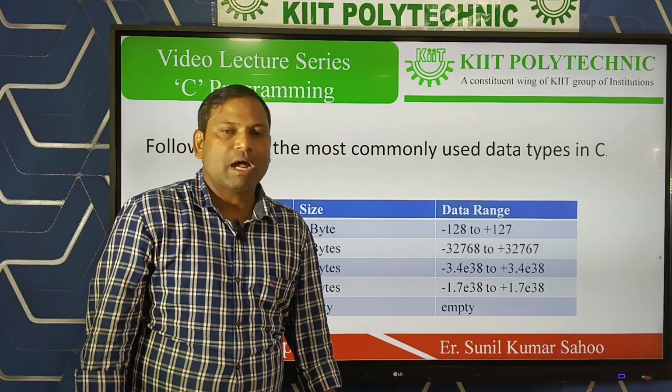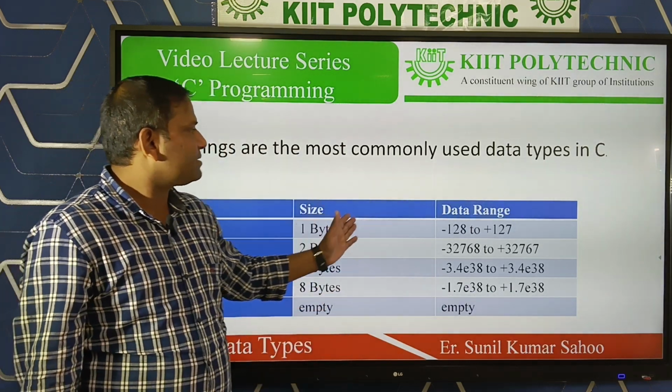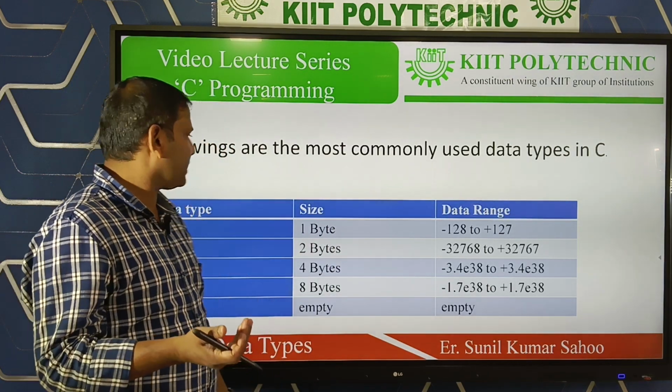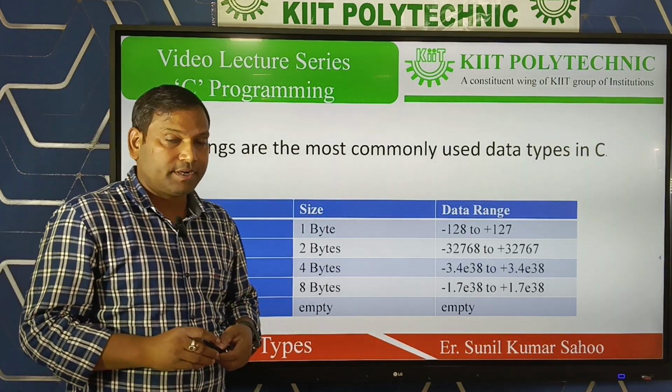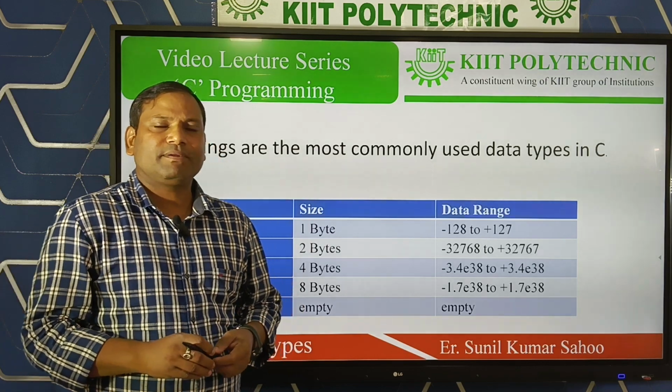Now, I'll discuss data types, size, and range. What do you mean by size? What do you mean by data range? I have already explained what data types are, right? So here, char is a data type.